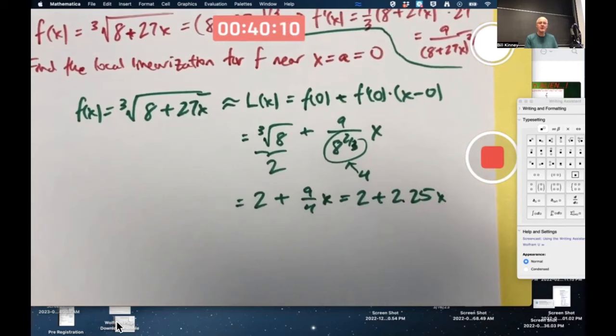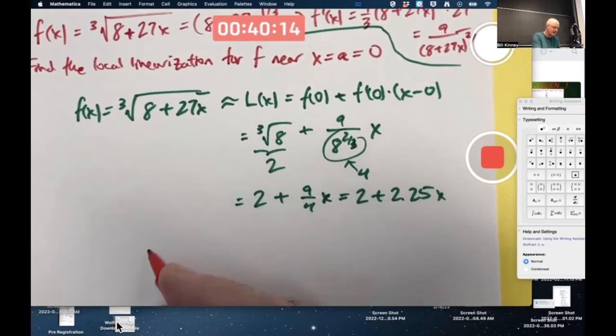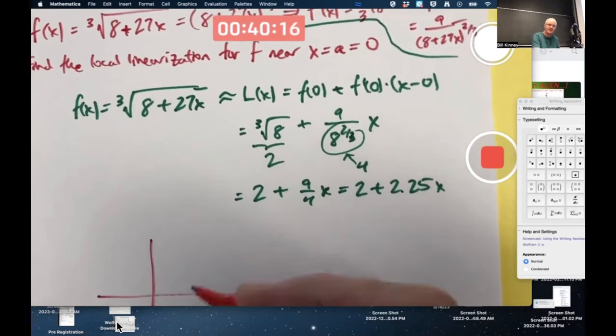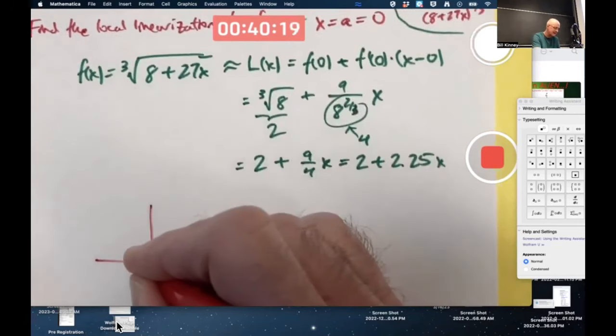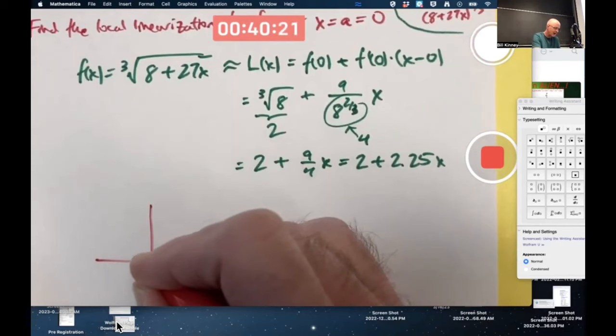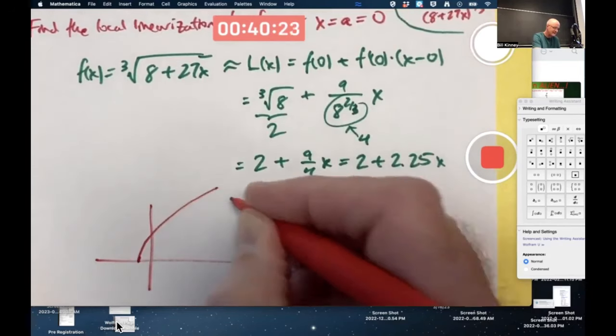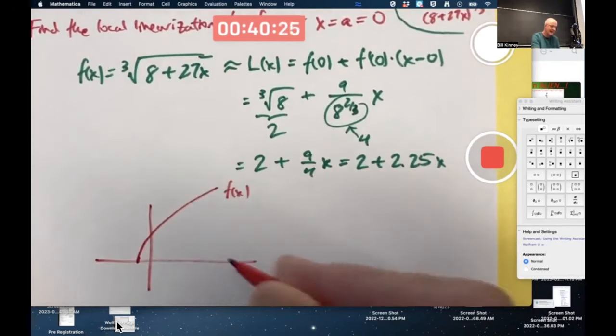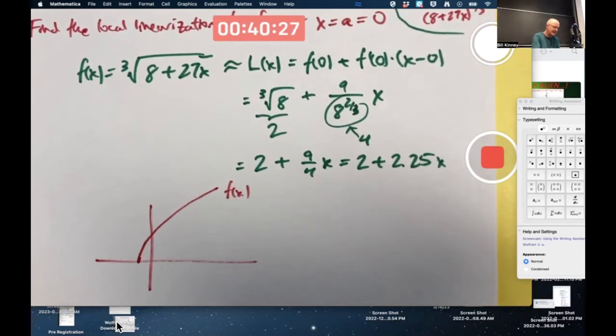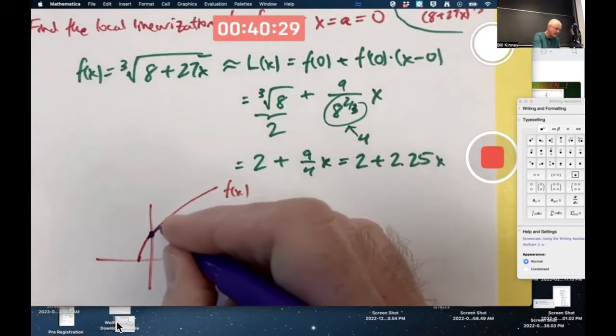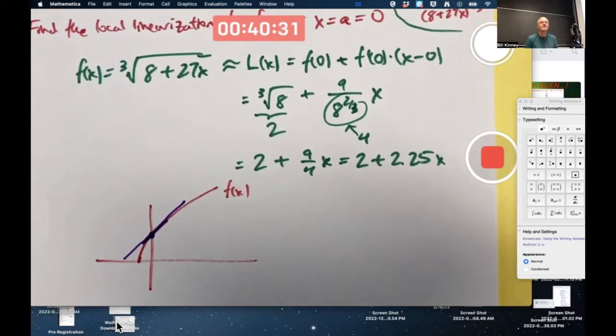Do I happen to know what the graphs of these look like near x equals 0? I think I do. Based on my experience, I'm pretty sure the graph of f is going to look about like this. And the graph of the tangent line, well, if it's at x equals 0, it should look like that. Let's try it with the calculator and see.